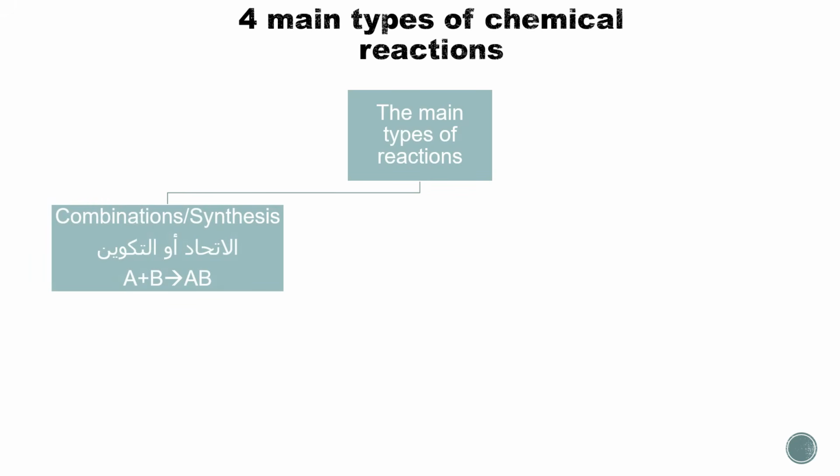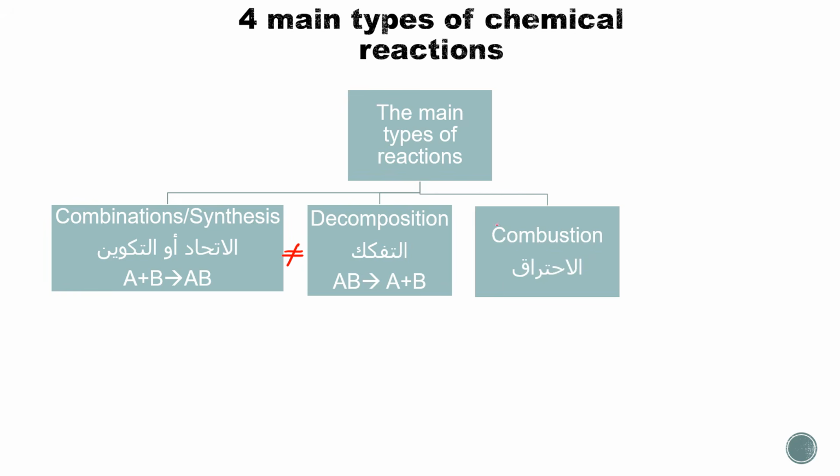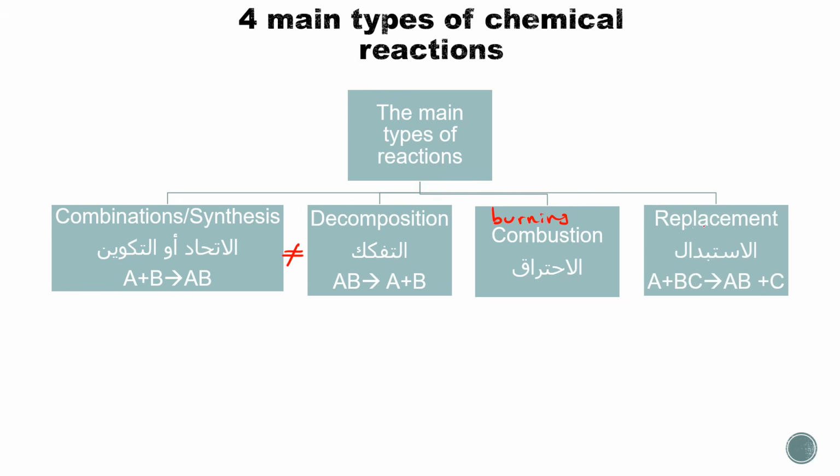We have combination or synthesis reactions. We have decomposition, which is the opposite of synthesis. We have combustion reaction. Combustion means burning. Okay. And finally, we have replacement reactions, where something will take the place of another thing.